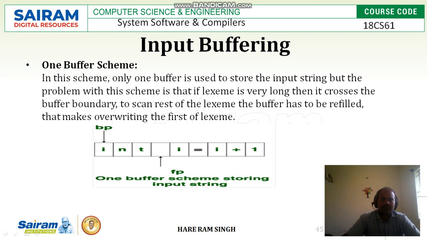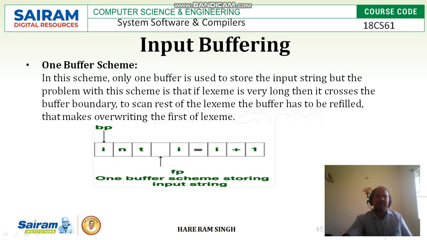But the problem with this scheme is that if a lexeme is very long, then it crosses the buffer boundary. To scan the rest of the lexeme, the buffer has to be refilled. That overwrites the first part of the lexeme. Suppose here int has only 3 characters, but suppose a very large identifier is there. Then it won't fit in one buffer.